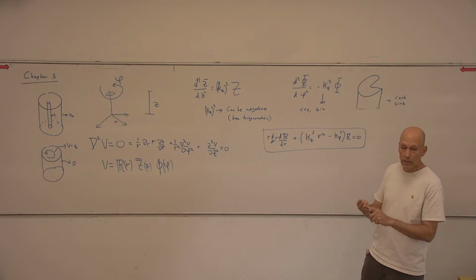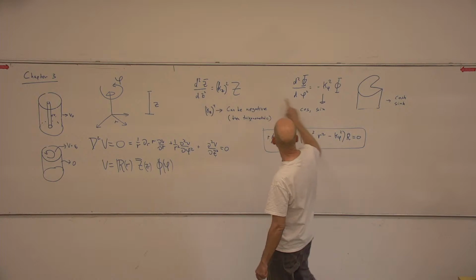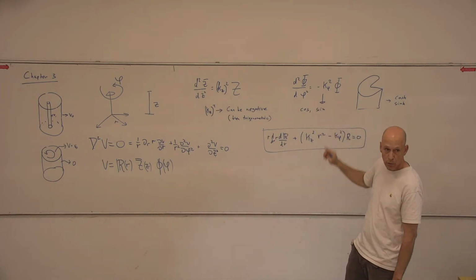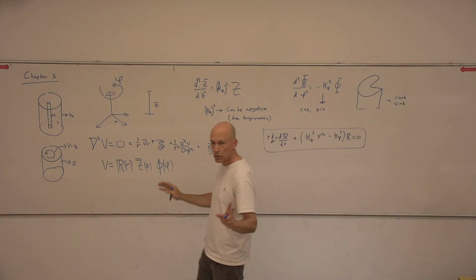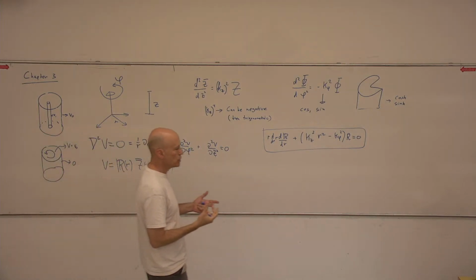So we have four Bessel functions, and in principle four functions here, and four functions here. So there are different types of solutions. We need to understand what these solutions are.